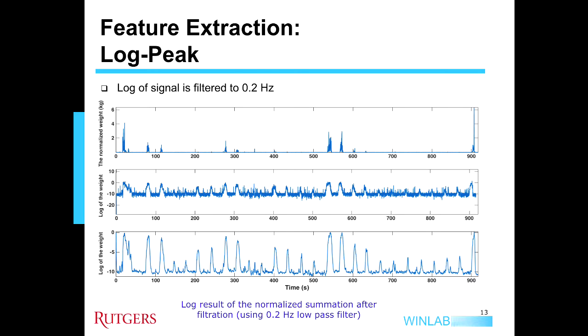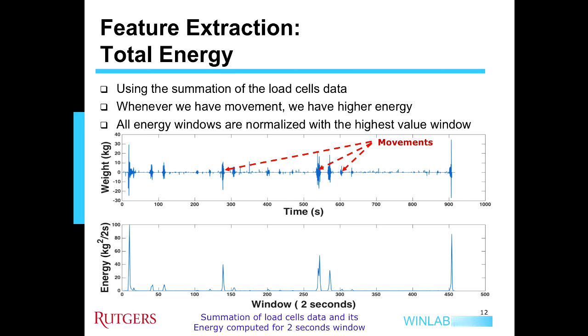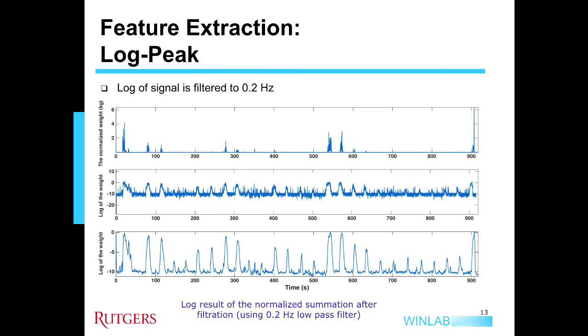We square the signal, apply log, and use a filter with 0.2 Hertz. We can see a very clear peak now with every single motion, regardless of whether it's big or small. Big means like you turn, roll your entire body, and small means you move your head, your hand, whatever. So you can see we have a clear peak whenever we have a motion.